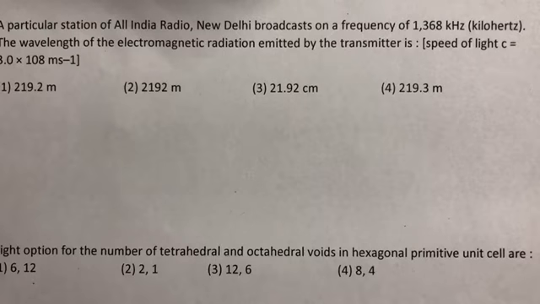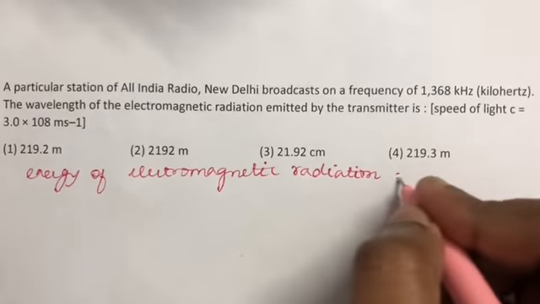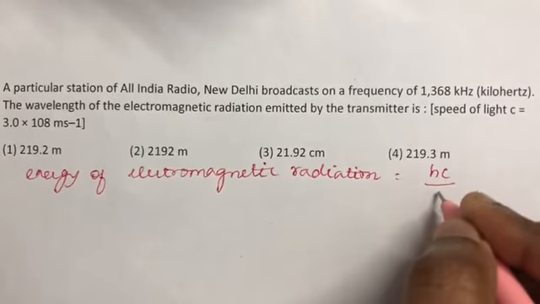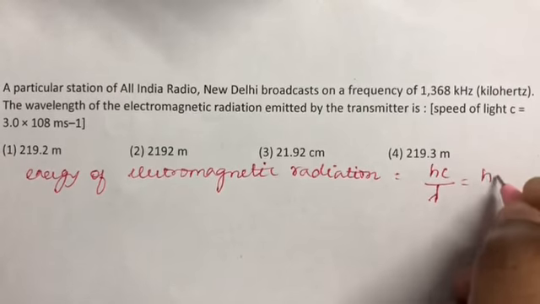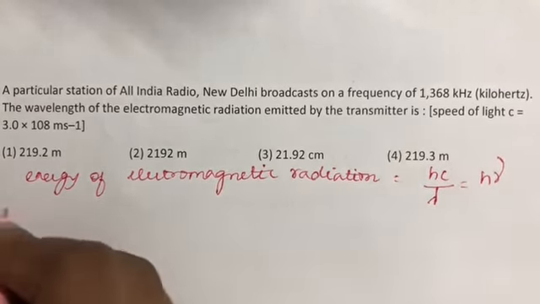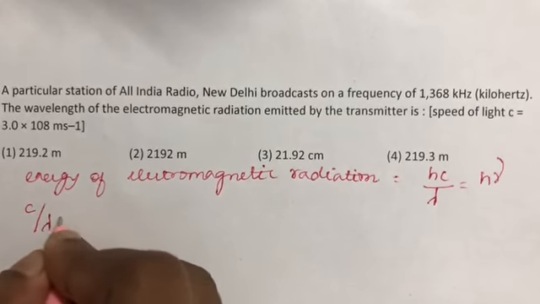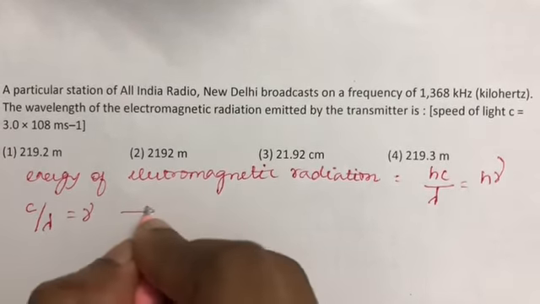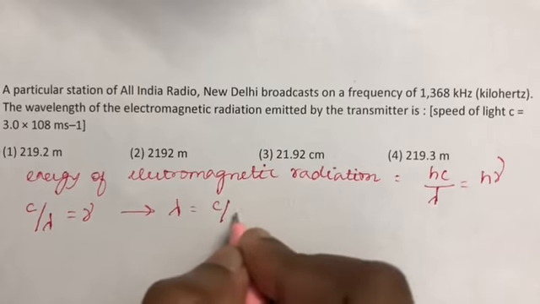So the energy of electromagnetic radiation formula is hc by lambda, which is equal to h gamma. We all know c by lambda is equal to gamma. Therefore, lambda is equal to c by gamma.